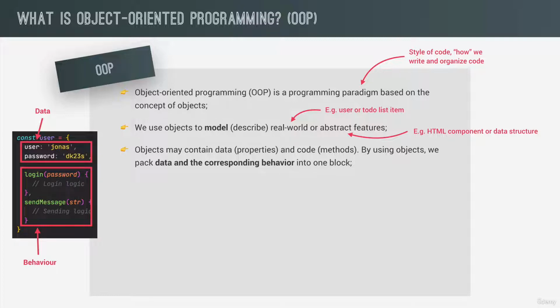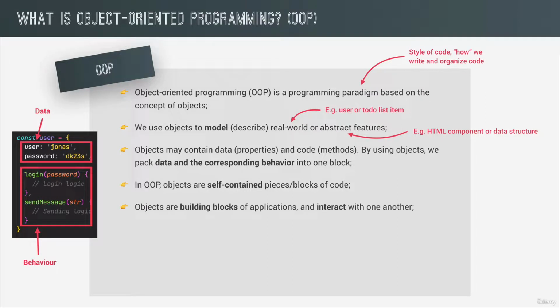So in OOP, which is the acronym that I'm going to use instead of object-oriented programming, objects are self-contained pieces of code or blocks of code like small applications on their own. And we then use these objects as building blocks of our applications and make objects interact with one another.